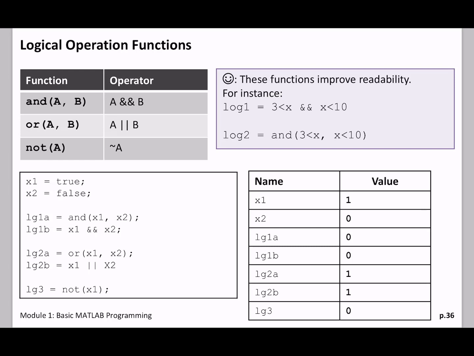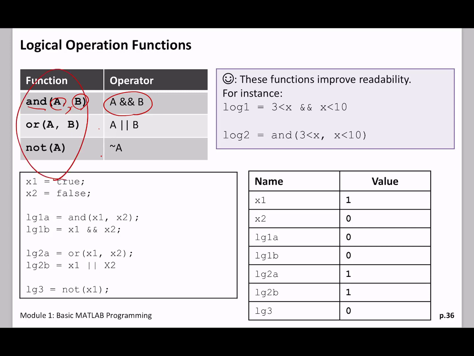So there are function versions of the logical operators. The output of a and b is the same as the and function with a comma b. So these produce the same value. Similar for or and not. But the question is, why do we use this function?